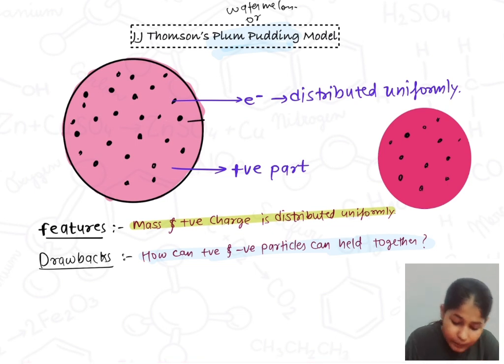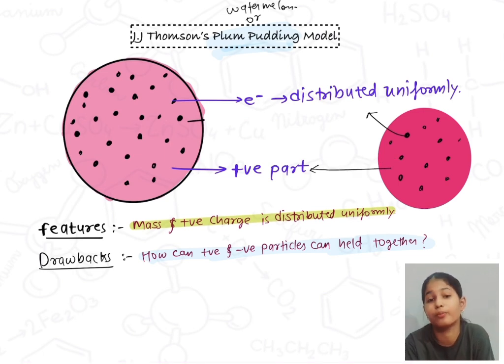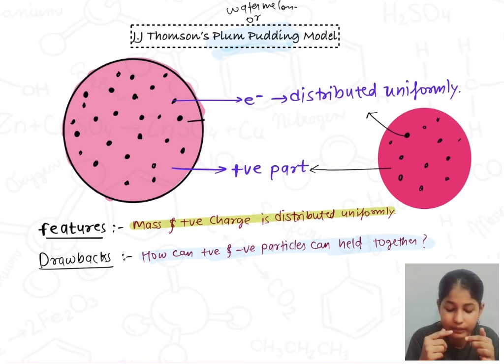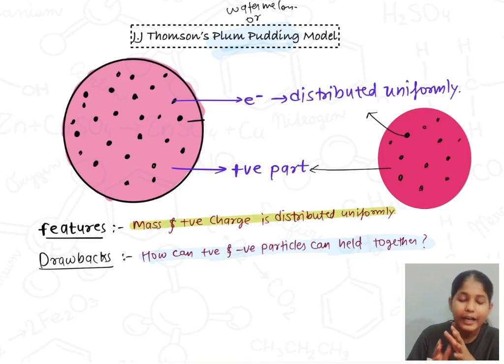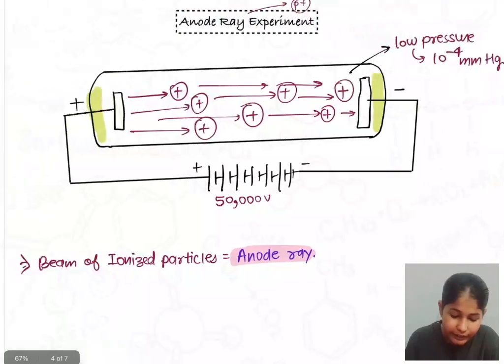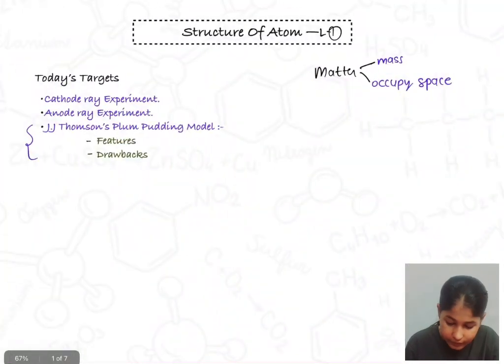So these dry fruits are like electrons which are uniformly distributed, and this velvet red part of the cake is like the positively charged particles. Okay, so it is the same in both cases. There is no need for confusion between the watermelon model and the plum pudding model. That was all about J.J. Thomson's plum pudding model.